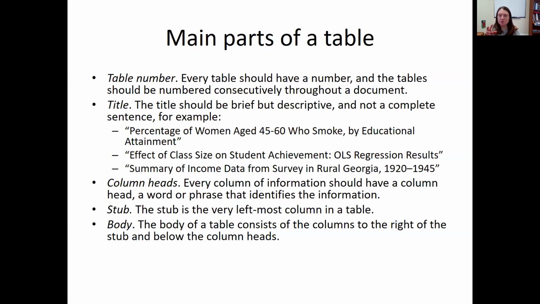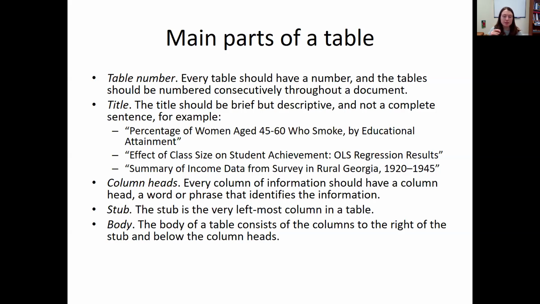So your variables in Stata might have some complicated names that only you, the researcher, understand what they mean. But when it comes time to making your table, you want to change those from whatever they're named in Stata or whatever your program is to things that sound more like English words that people could basically read and understand.